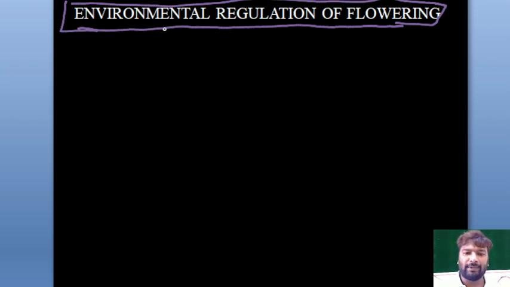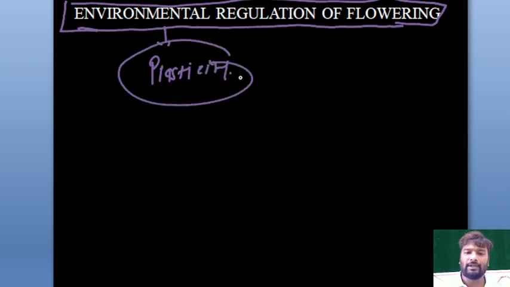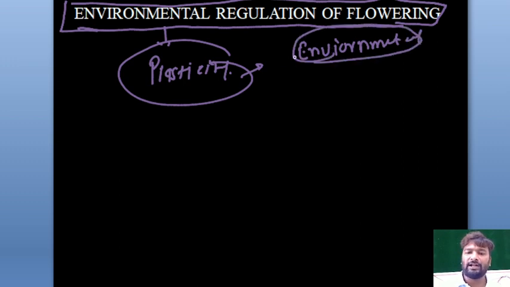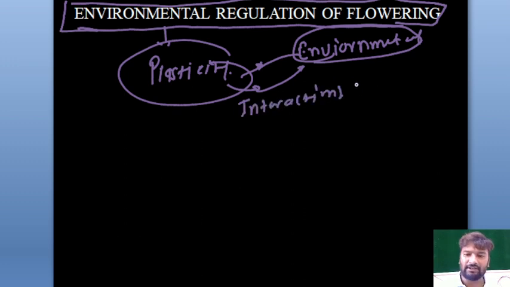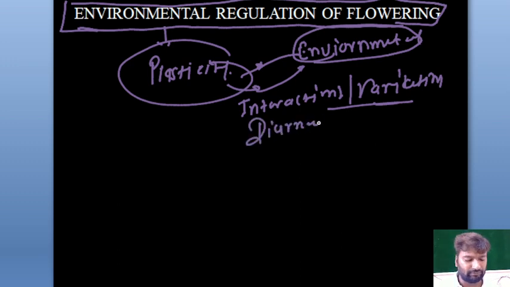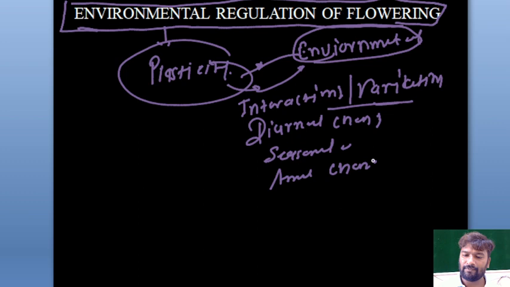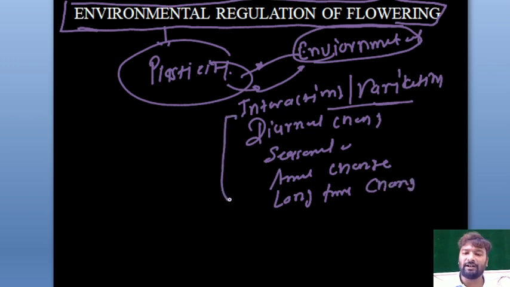You know that plants show plasticity, which means as the environment changes, the plant also tries to change according to the environment, and there are different interactions and variations like diurnal changes, seasonal changes, annual changes, or long-term environmental changes.